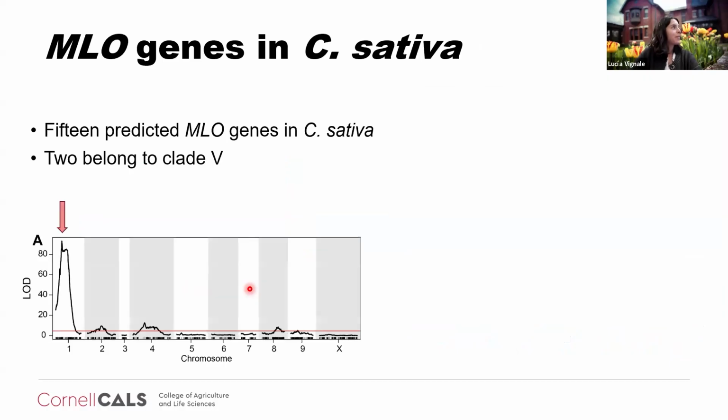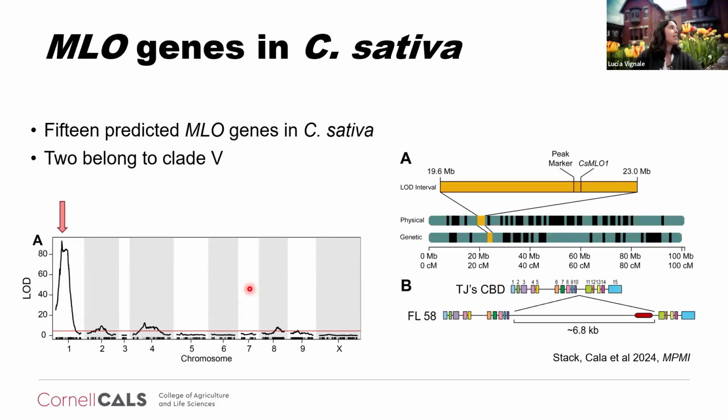We also know, and this is published from our lab, that in a QTL mapping study, when a resistant parent was crossed with a susceptible parent and those F2s were analyzed, they found a big peak on chromosome 1, around 20 megabases into that chromosome.